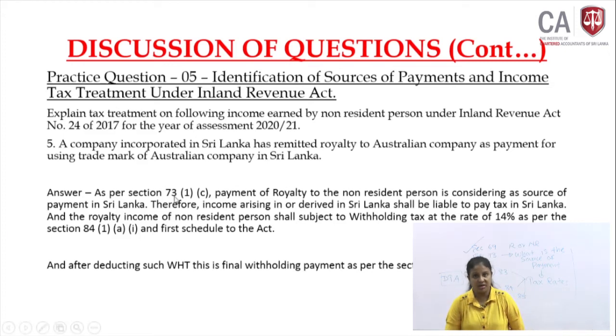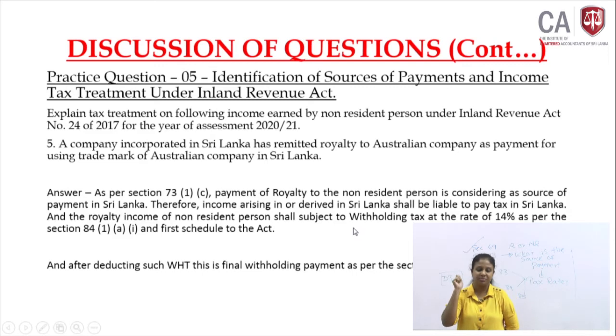It's the royalty, it's a source of payment under section 73 subsection 1c. Then payment of royalty to the non-resident person is considered as a source of payment in Sri Lanka. Therefore, income arising in or derived in Sri Lanka shall be liable to pay tax in Sri Lanka.